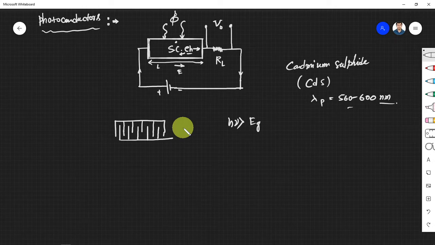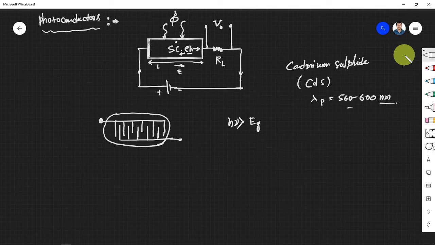This is our one electrode, and this is the other electrode. They are basically painted on top of this semiconductor material. So on top of the semiconductor you paint this kind of electrode.